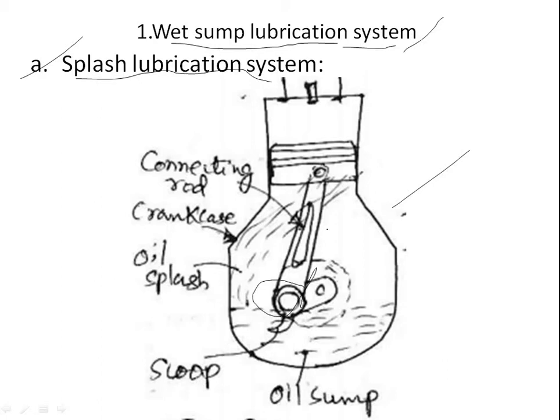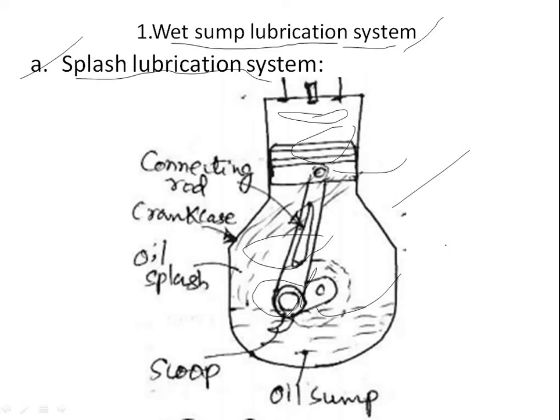This is the connecting rod, this is the big end and this is the small end. The connecting rod is connected to the piston, and this portion is the cylinder.